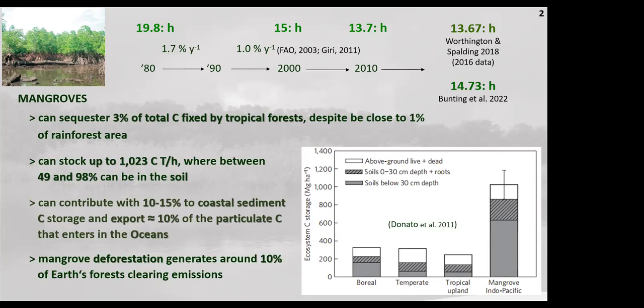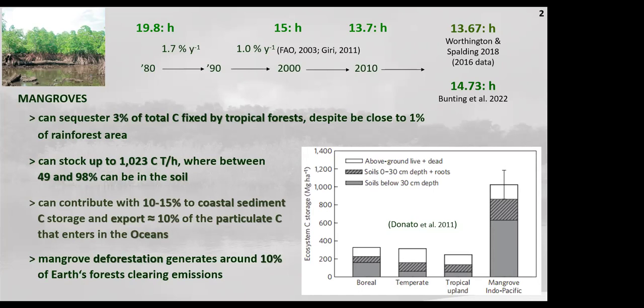If we talk about mangroves, we need to talk about the huge capacity of mangroves to stock one of the most important nutrients, carbon. Carbon is the fuel of the food chain on the planet. And this forest can fix a great amount of atmospheric carbon, around 3% of what is fixed by photosynthesis by tropical forests, despite representing only 1% of the rainforest area on the planet.